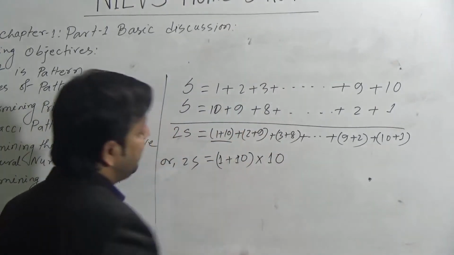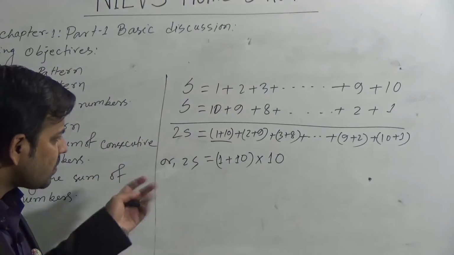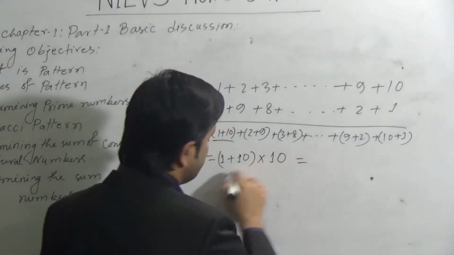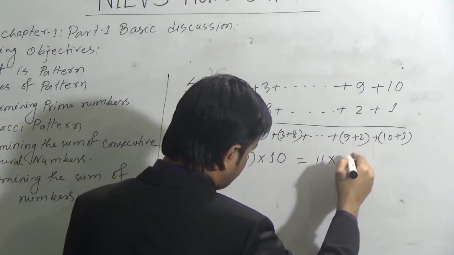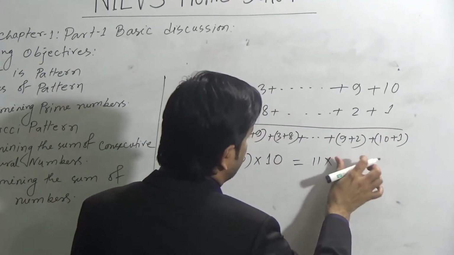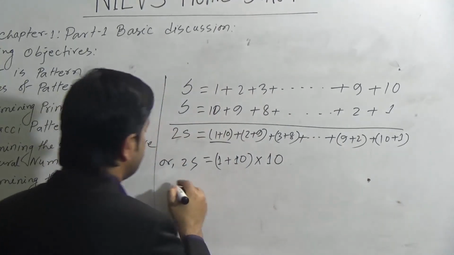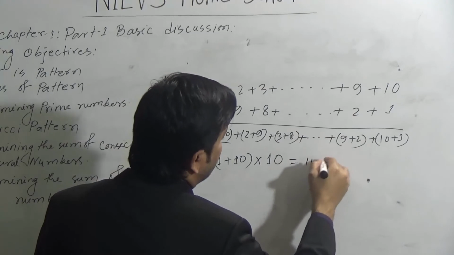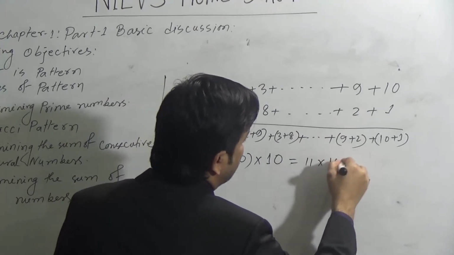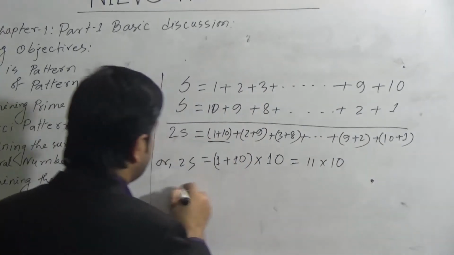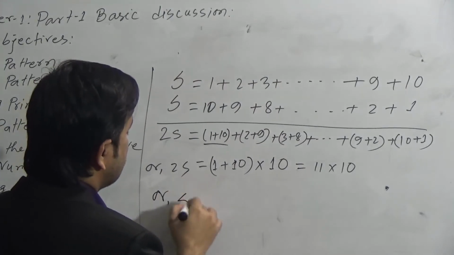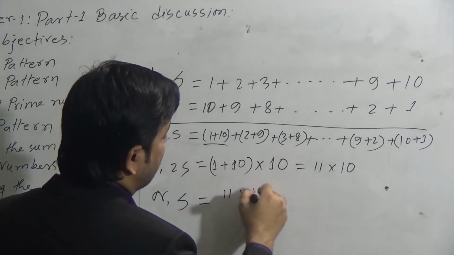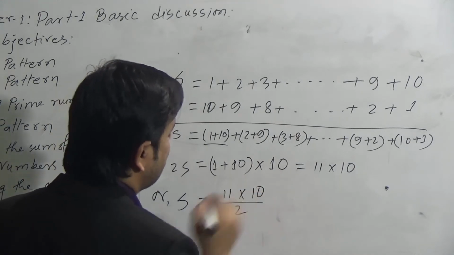So we have to multiply by 10. Now, dear students, if you calculate here, you will get the sum easily: 11 into 5, or you can write directly S equals 11 into 10 divided by 2.